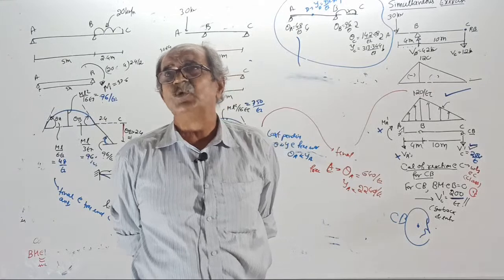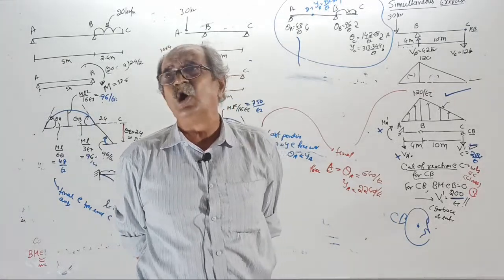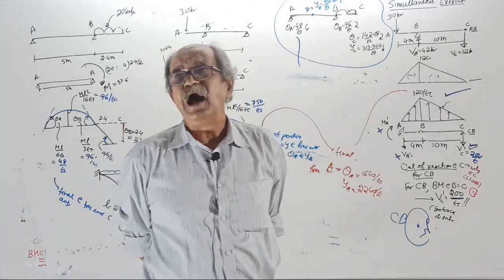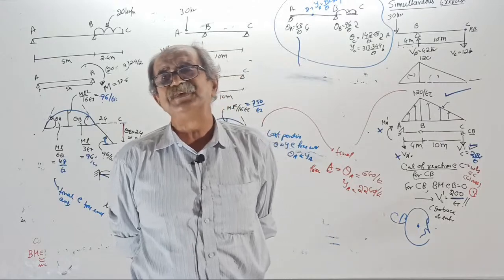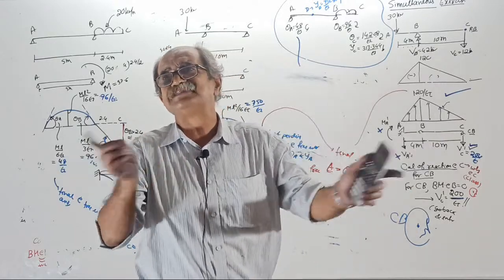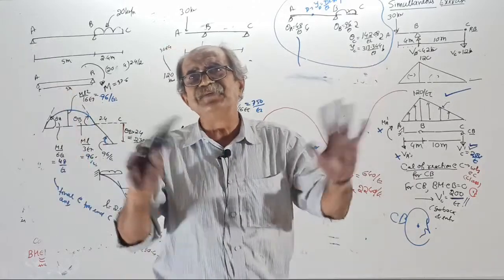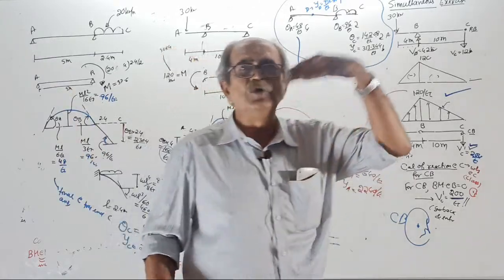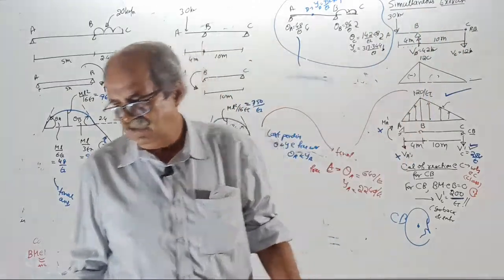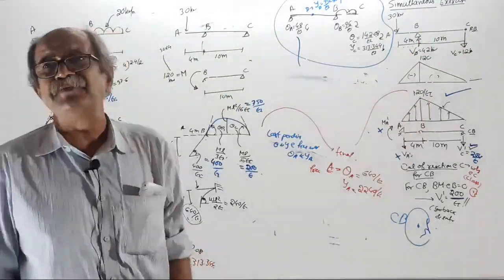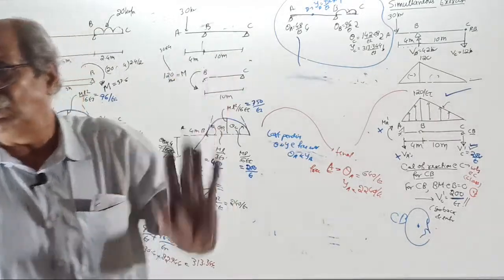Where the couple is there, slope is ML by 3EI, other side slope is ML by 6EI. And if they want deflection at center, ML square by 16EI. Over. If that is required, question over, go to next question. If any one of that is required, question over, go to next question.